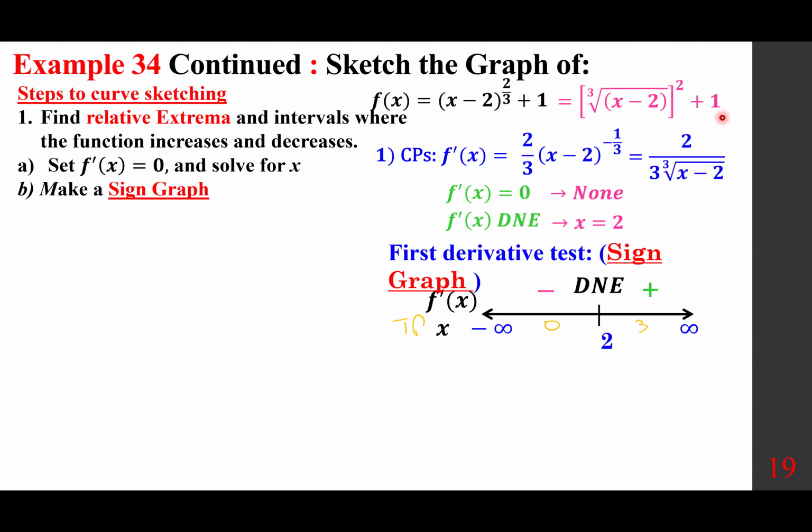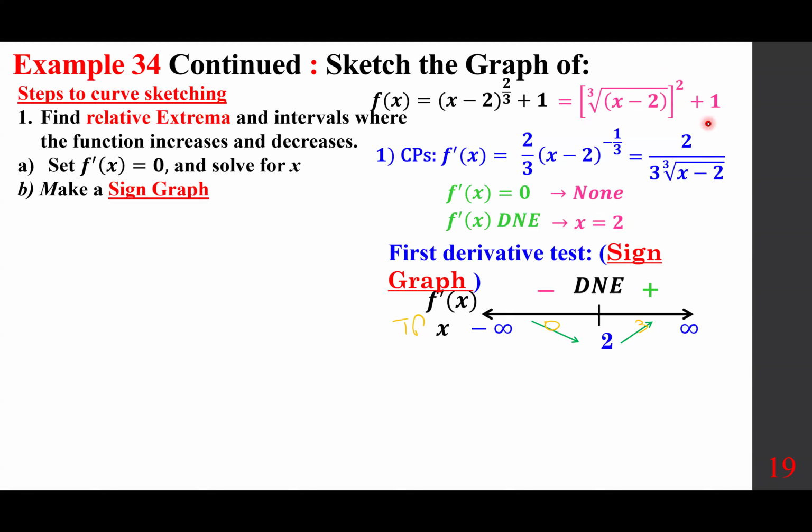So everything is positive. This means, let's throw in an arrow down and an arrow up. This means decreasing. This means increasing. And so the function is decreasing from negative infinity to 2, increasing from 2 to infinity. So 2 is where the local minimum occurs. If we plug 2 back into the original function, whether here or here makes no difference.